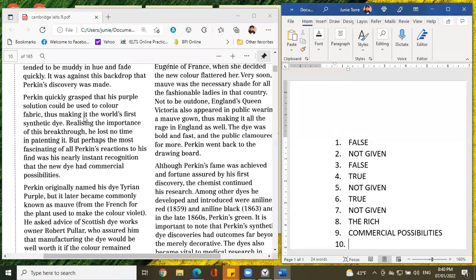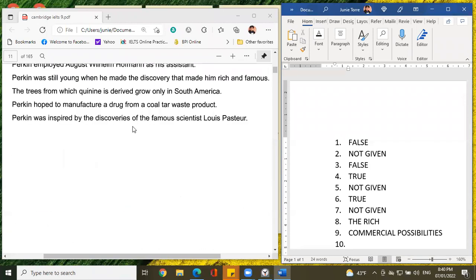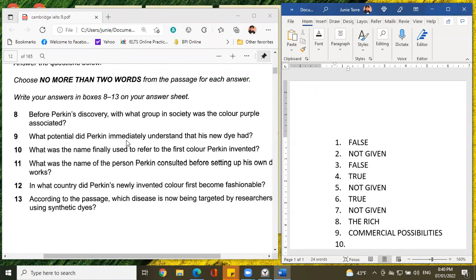Potential, making it the world's first synthetic dye. Is the answer commercial synthetic dye, guys? What potential did this new dye have? Synthetic. No. Commercial possibilities, guys. There's the dye, oh.